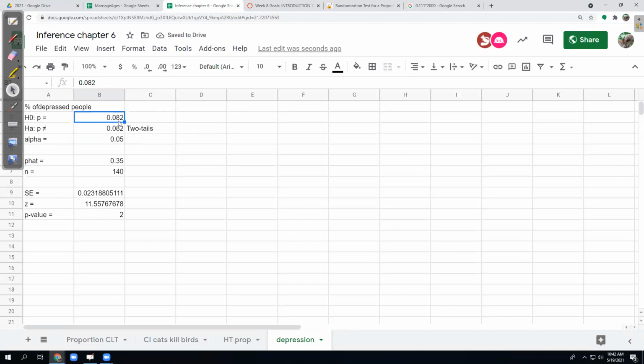So if somebody said, no, no, no, they say it's 0.09 now because of COVID, then I'm going to go adjust it. Okay, our alpha was 10%, so that would be 0.1. And you could just type 10% there, that would work too. Now the p hat, I had to calculate based on the percent they gave me. No, they gave me p hat, that's right. So I can just type 0.111.